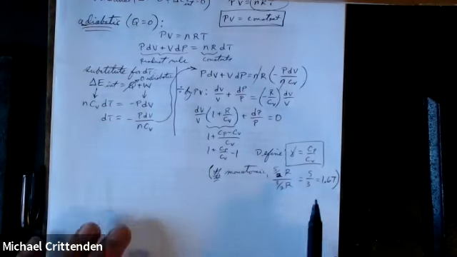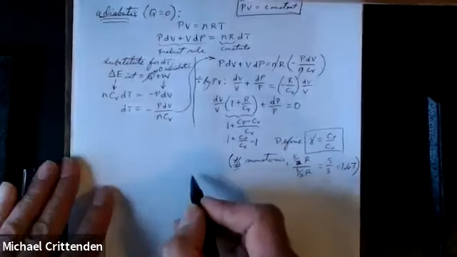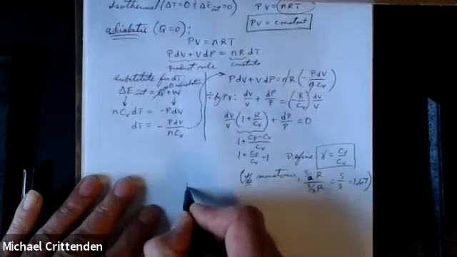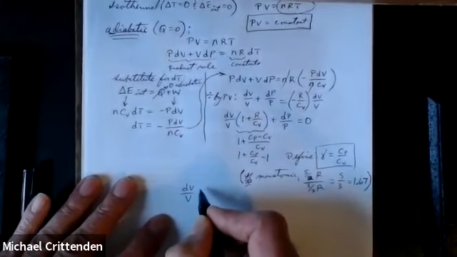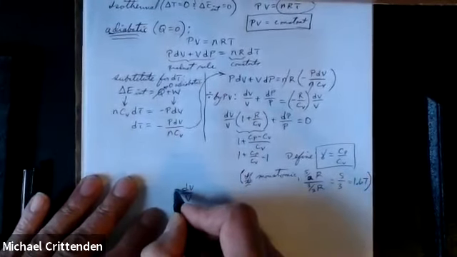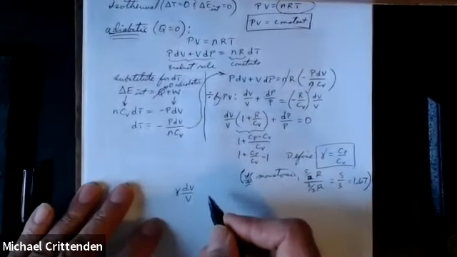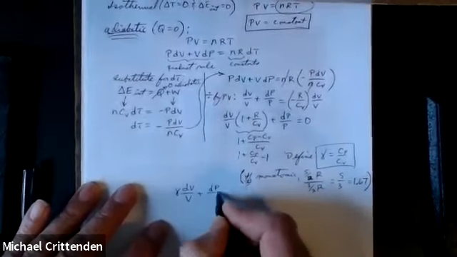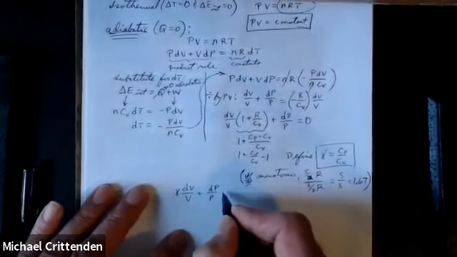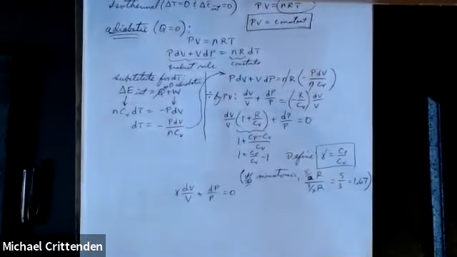So anyhow, having introduced that symbol, gamma times dV over V, maybe I'll write it in front, plus dP over P is equal to 0. Well, I have finally manipulated it around to where it's all ready to integrate.